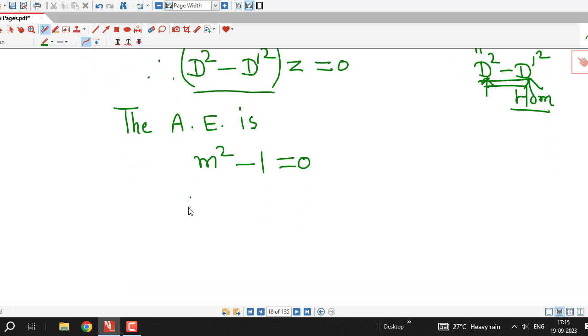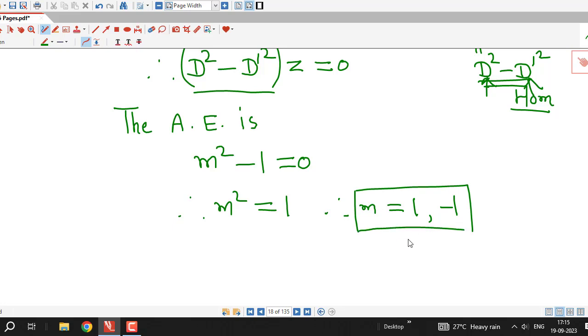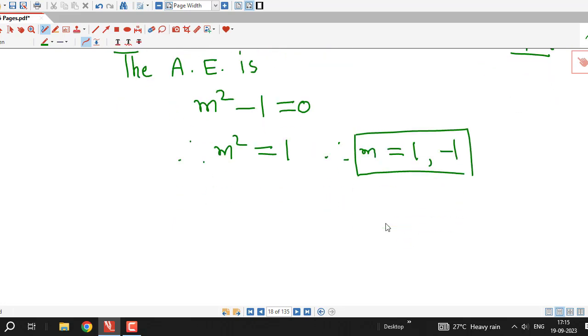And then we try to solve this auxiliary equation. This is m square equal to 1, therefore m has two possible values, 1 and minus 1, and we can see that the roots of the auxiliary equation are distinct.